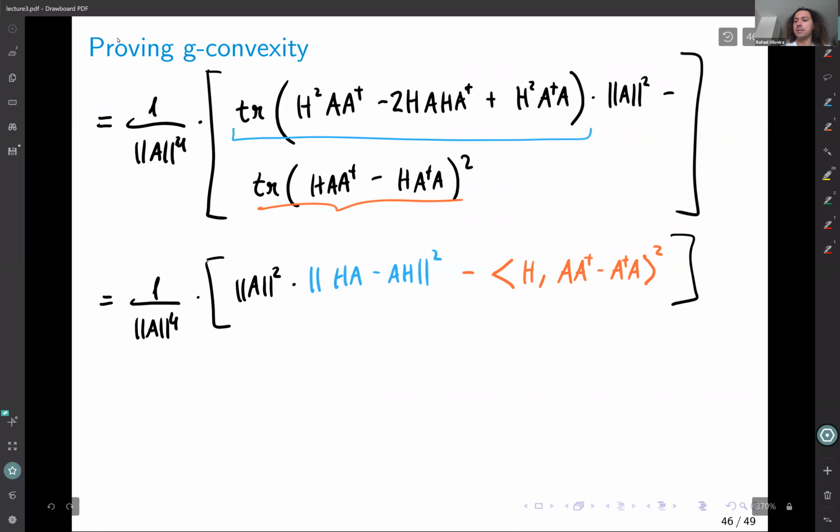And you can see this because let's just prove the blue here. In the blue, we can just split. The first term is going to be HA times, well, the trace, like that trace is the same as this trace of HA times A dagger H. And this is minus, well, you have 2, and then here we have HA, and then HA dagger.